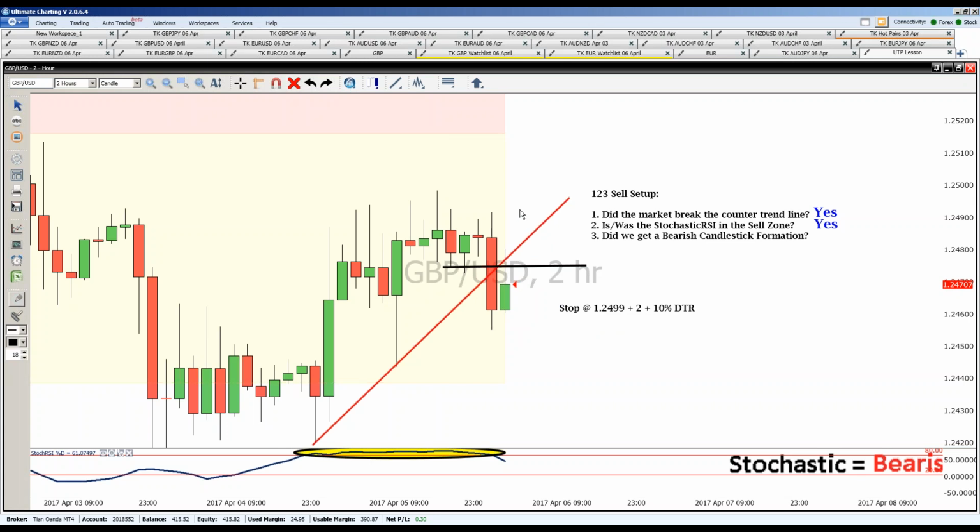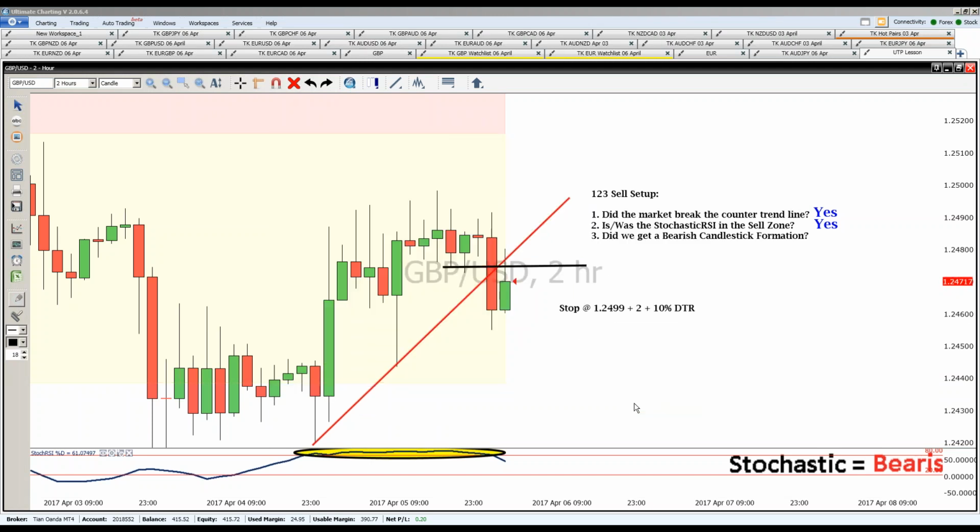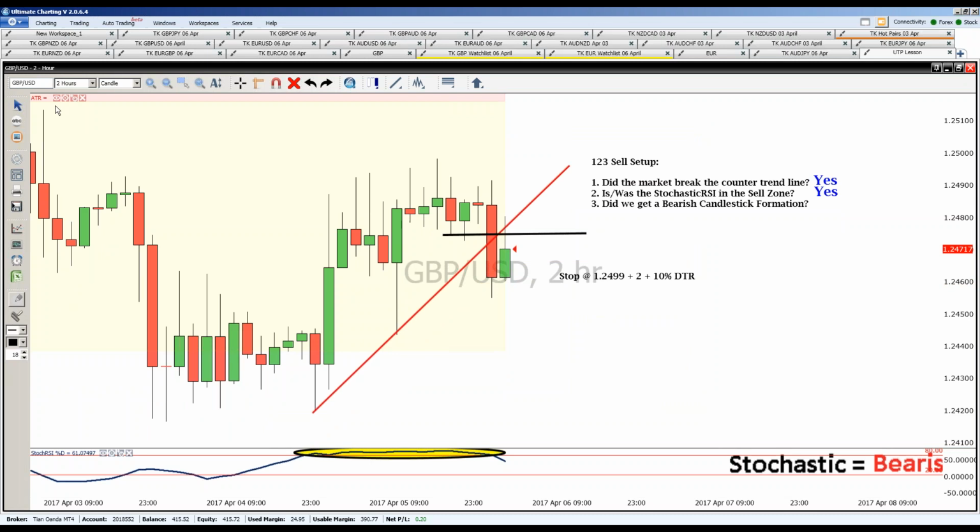Now 10% of the daily trading range. Let's see what the daily trading range is. The daily trading range is 100 pips, so 10% of the daily trading range is going to be 10 pips.